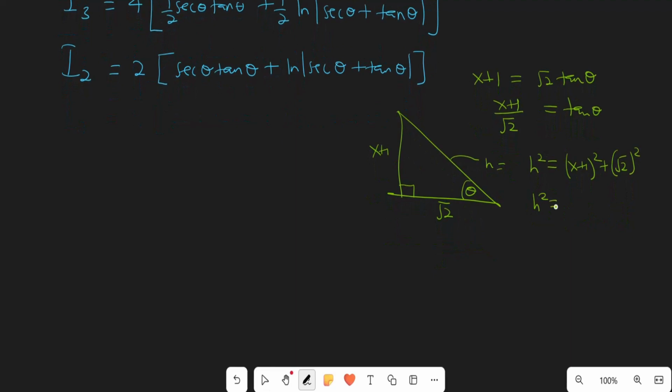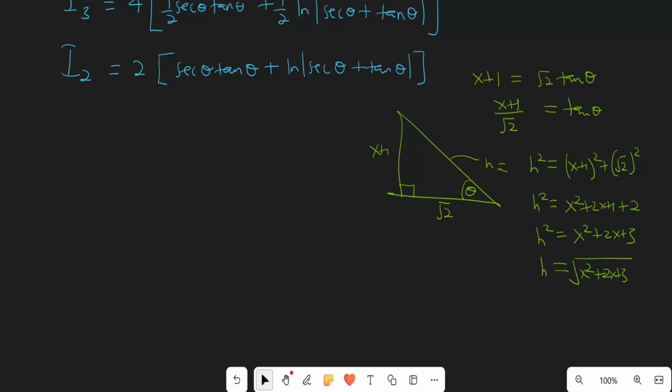So h squared, foiling this, is x squared plus 2x plus 1 plus the square of root 2 is 2. So h squared is x squared plus 2x plus 3. That is 1 plus 2. And then h is the square root of x squared plus 2x plus 3. So that is the hypotenuse.